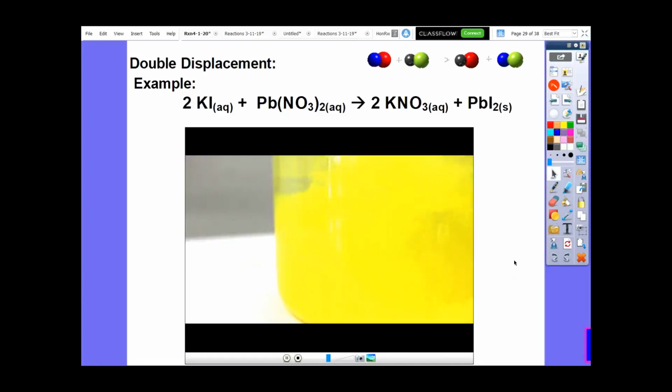So to describe what's happening in words, you can say that two different metals swap their non-metals.